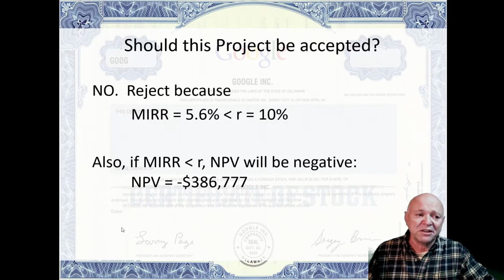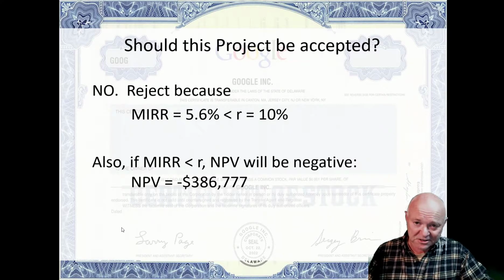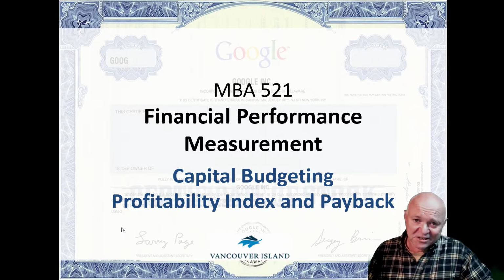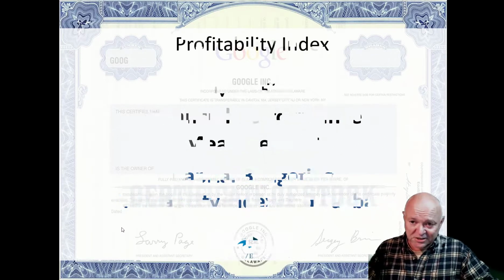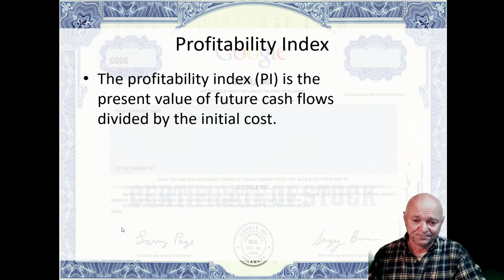We consider these methods to be complementary. In other words, you should use NPV, but you can also use some of these other methods. And that's where we start to talk about things like profitability indexes or indices and payback methods. Now, profitability index is often used to rank different projects.